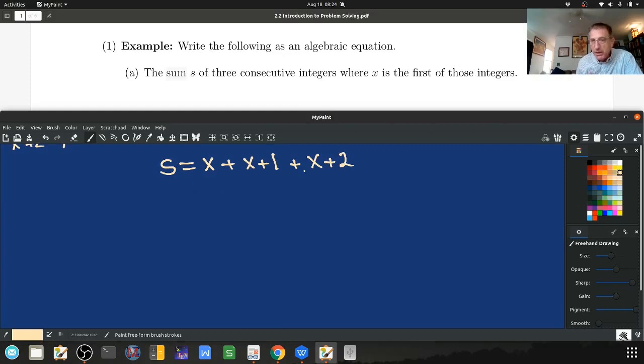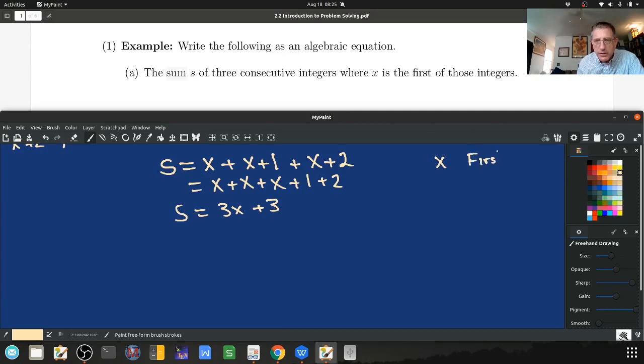To simplify, we just collect like terms. x plus x plus x, and then I have a 1 and a 2, plus 1 plus 2. So the answer is x plus x plus x, that's 3x plus 3. This is my algebraic expression, where our variable x stands for the first of 3 consecutive integers.